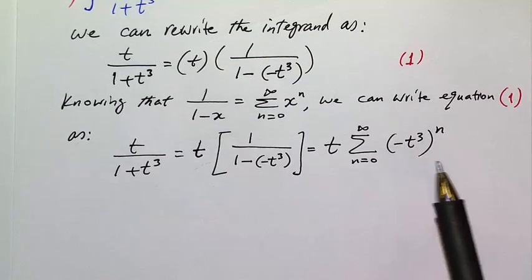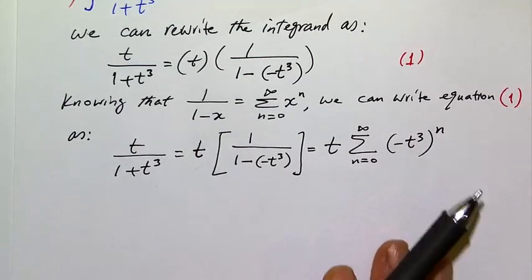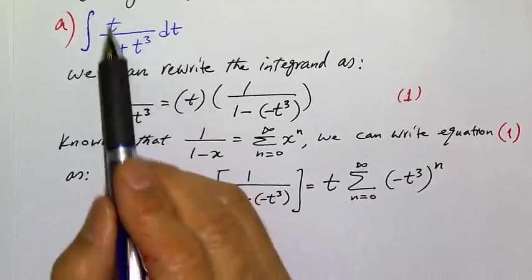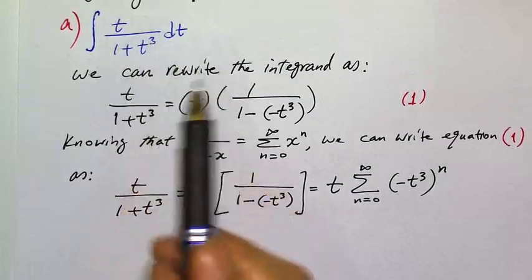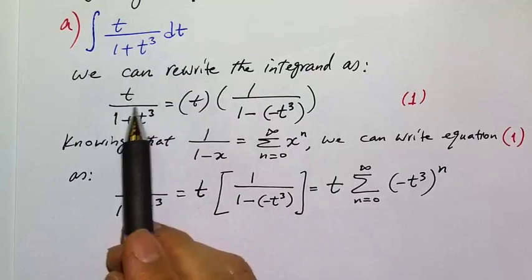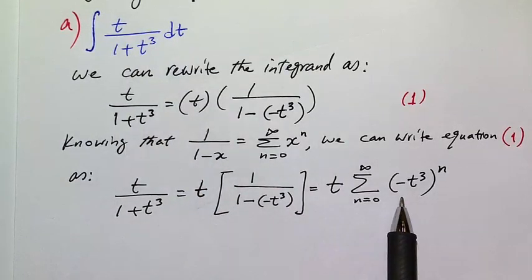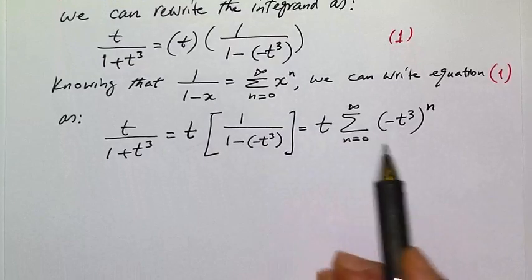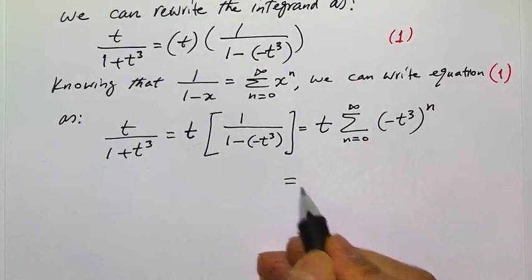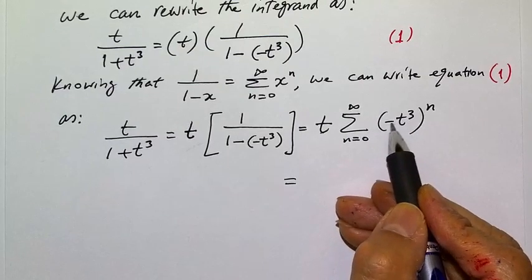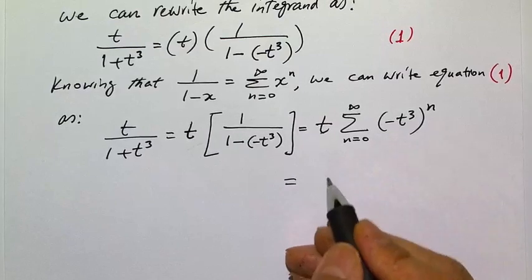So then we can write that integrand, not the entire integral, but this piece, the integrand, as that power series, right? And I should distribute this t since we're going to integrate the power series in the next step. So distributing this t into that and separating the minus 1 to the n power, this is what we're going to get.